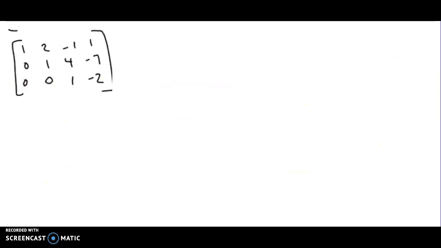So we're going to look at the previous example from doing row echelon form, because we got all the way down here to row echelon form. But remember, with reduced row echelon form or Gauss-Jordan elimination, we're going to apply that to the matrix here, which means we want everything above those leading entries to be 0.